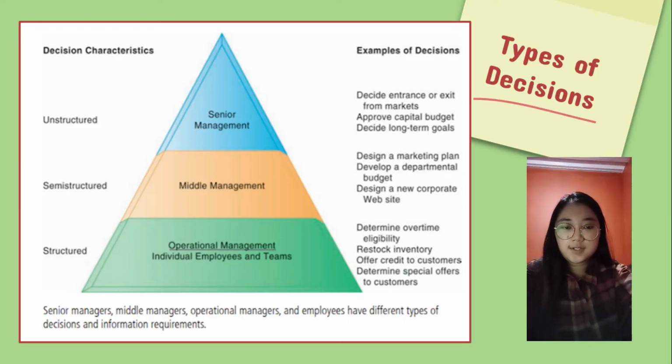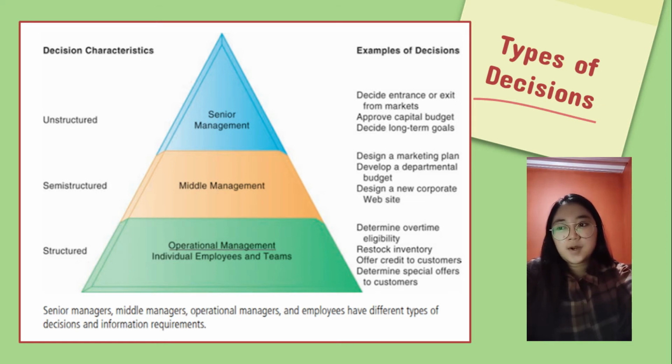Types of decision. This shows how each position in the management has their own characteristic and example. The senior management is unstructured. They decide how entrance or exit from markets, approve the capital budget, and decide long-term goals. As for middle management, there are semi-structured.